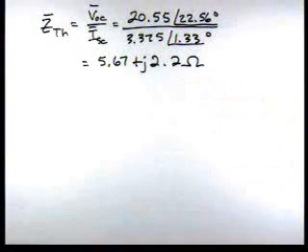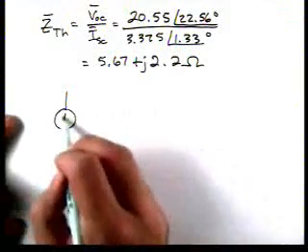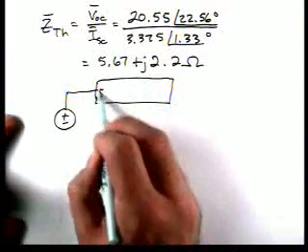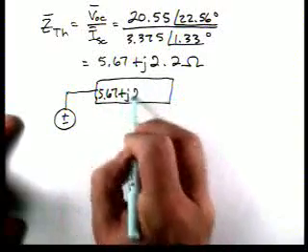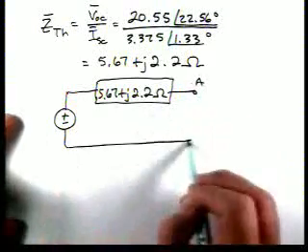Now we need to draw the Thevenin equivalent circuit. So our Thevenin equivalent circuit has our Z Thevenin and V open circuit.